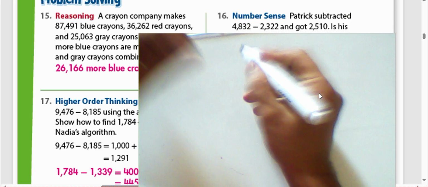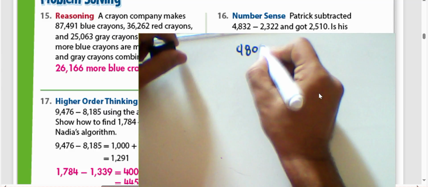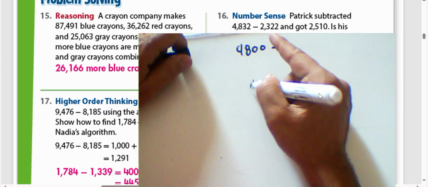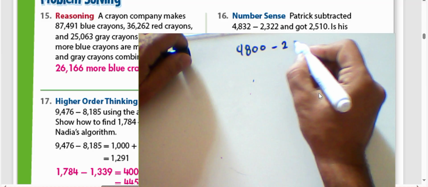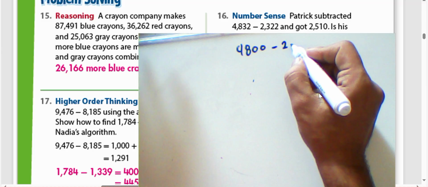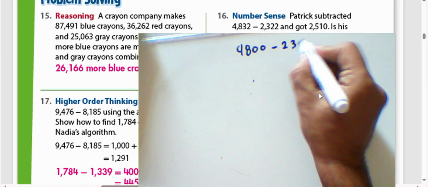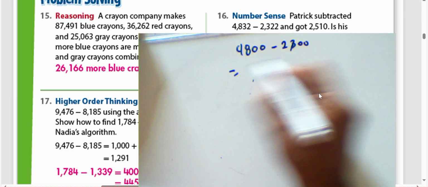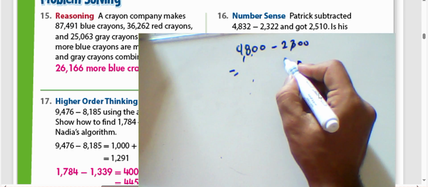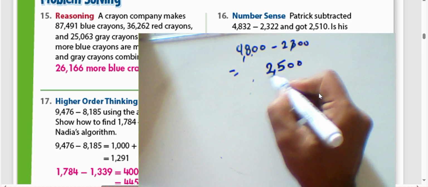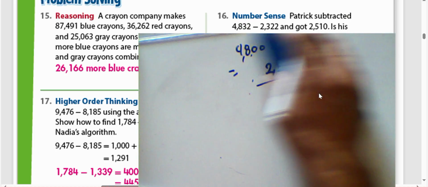This result will be 4,800. And the second number, 2 gives 1 to 3, then the result will be 2,300. And we want to approximate to the nearest 100, right? 3 and double 0. Then we can find the difference between them. 8 minus 3 equals 5 and 4 minus 2 equals 2. Then the result will be 2,500.